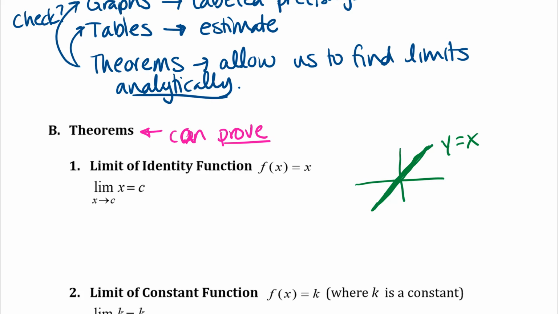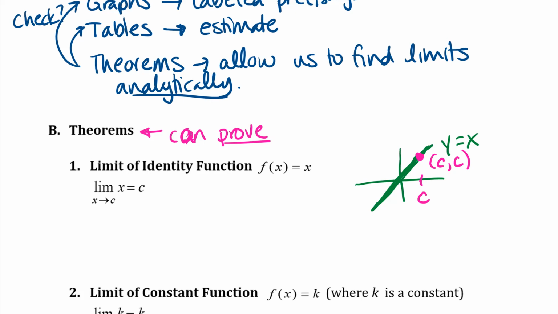If I think about my function f of x equals x, or y equals x, and I think about some point at x equals c, and what's happening on that graph when x is close to c, every point has the same input as output.